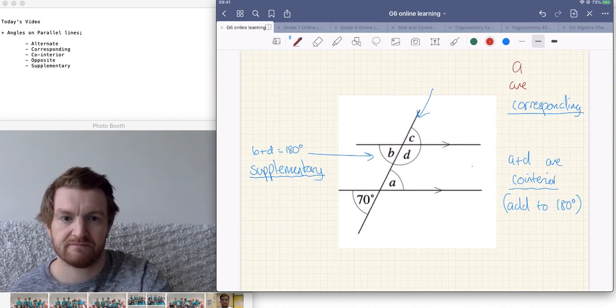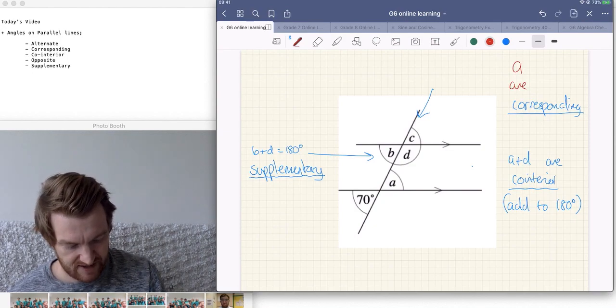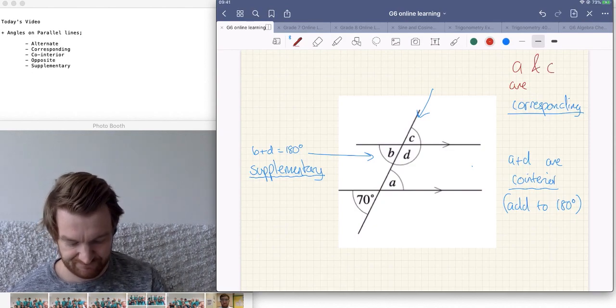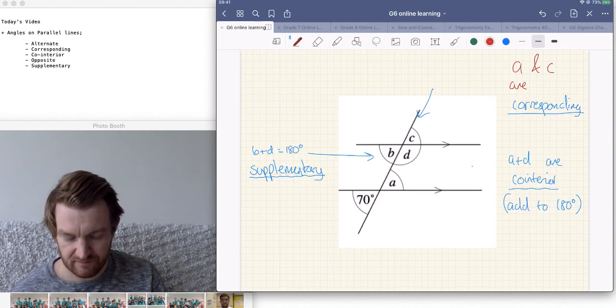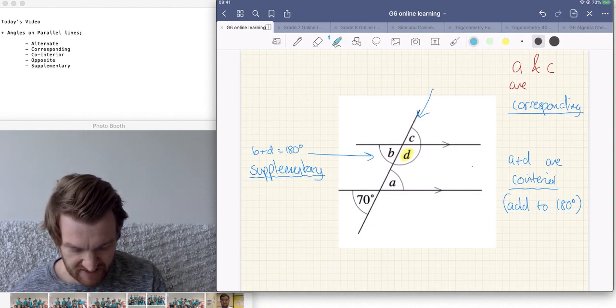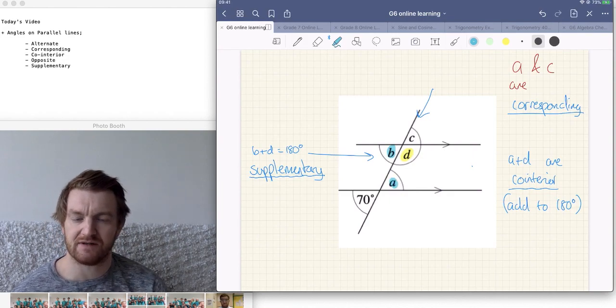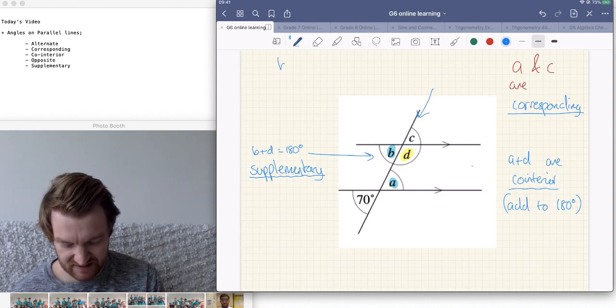So A and C. Now, we know that B and D here add up to 180. We also know, so if you think about that one there, we know B and D add up to 180. We also know that D and A add up to 180. So what that tells us is that B and A must be the same.